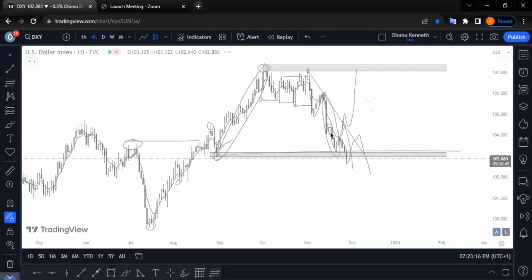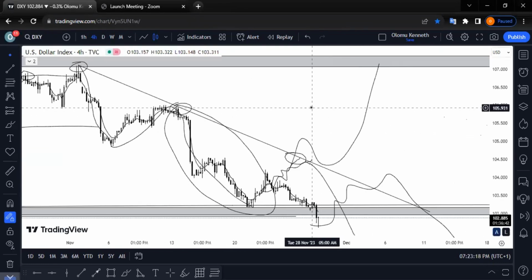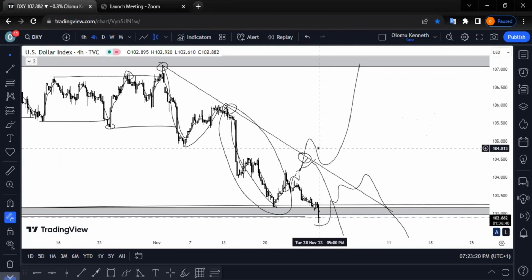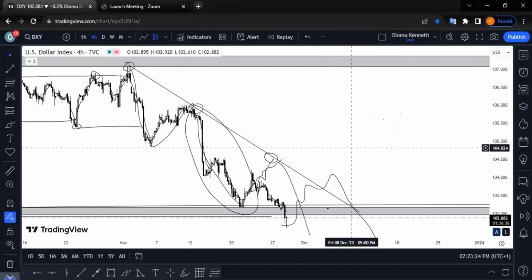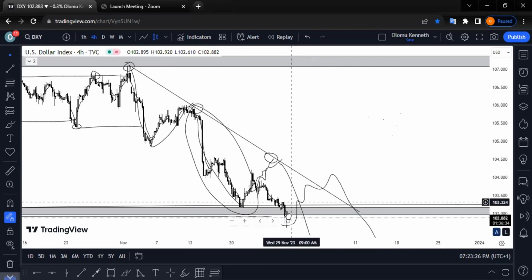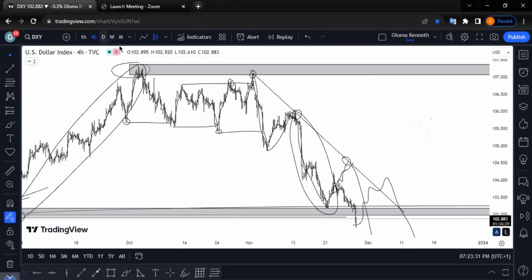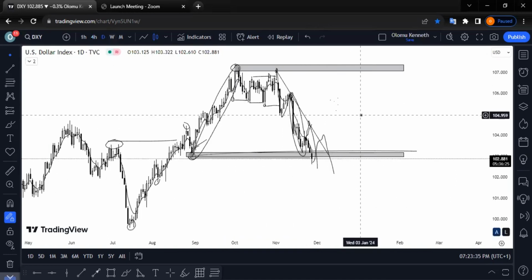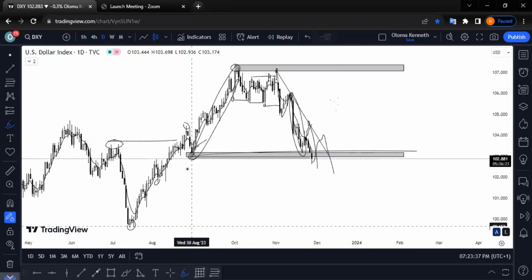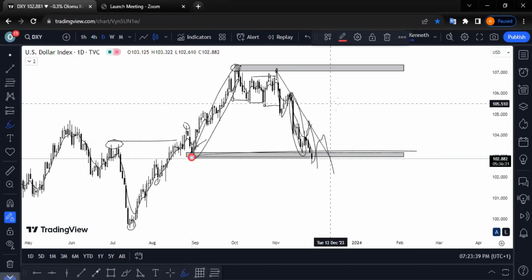So it means we'll be having more of the upside for the dollar than the downside. Since the market from the daily perspective is looking bearish, because this level has been what? Exceeded.